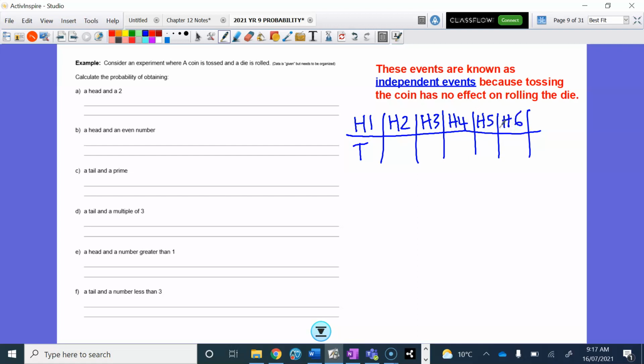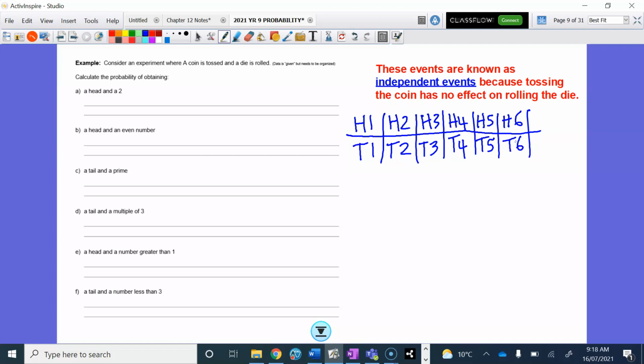Similarly, if I tossed a tail first on my coin, I could get a tail and a 1, a tail and a 2, a tail and a 3, a tail and a 4, a tail and a 5, a tail and a 6. So from that quick display of the sample space, I can see that there would be 12 possible outcomes in this experiment. And then it's very straightforward to see probabilities from there.